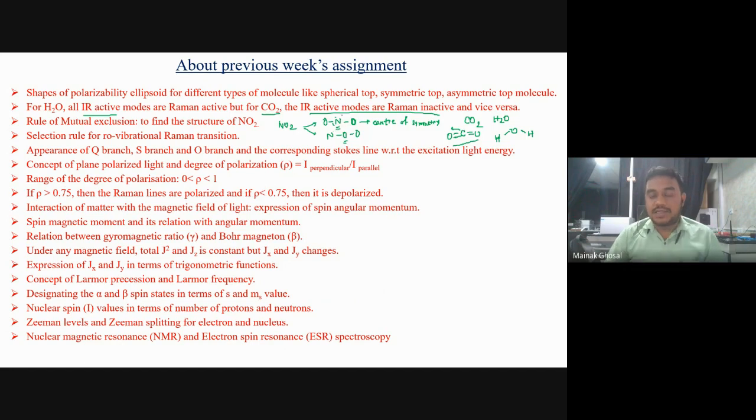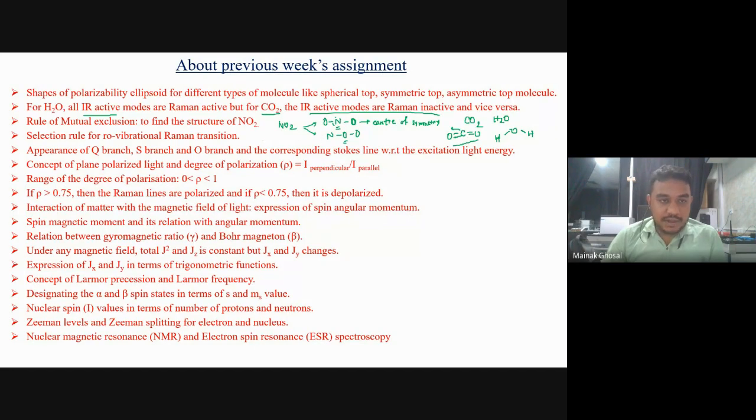So if you look at the IR active modes and Raman active modes, and you see that IR active modes are Raman inactive, or Raman active modes are IR inactive, from that you can easily conclude whether the structure is centrosymmetric or not. And if the structure follows the rule of mutual exclusion, then you can easily say that yes, nitrogen is the central atom, right? So this is the experimental basis for the rule of mutual exclusion.